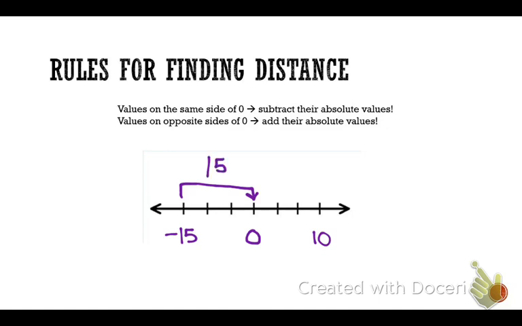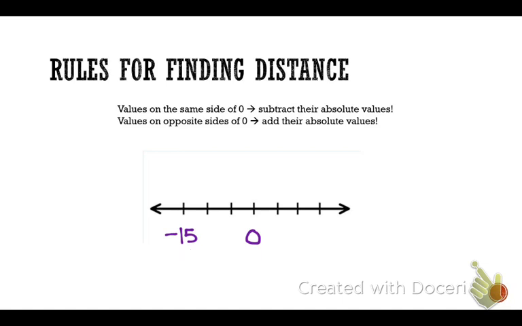How many get me from 0 to 10? 10. So to find the distance between the two, I would add them together. And what is it? 25. So instead of doing all of that on a number line, if I know one is negative and one is positive, meaning they're on opposite sides of 0, I just add them together.